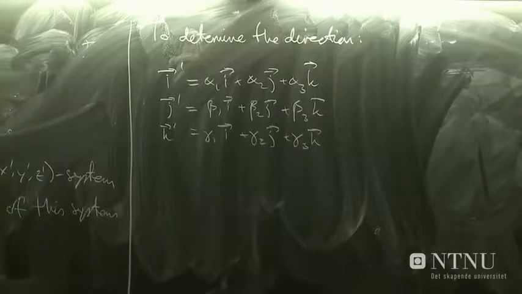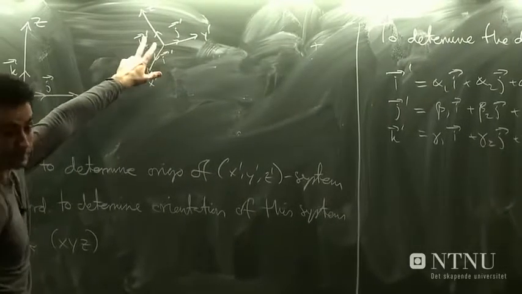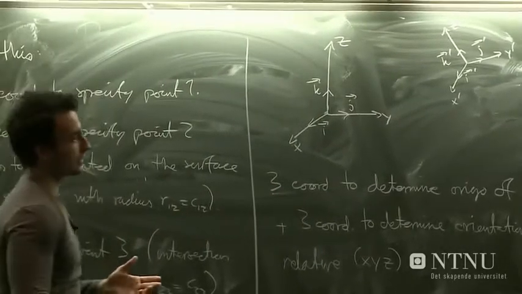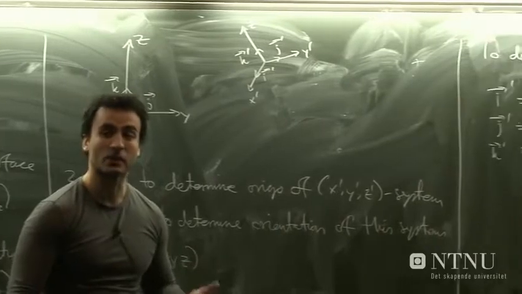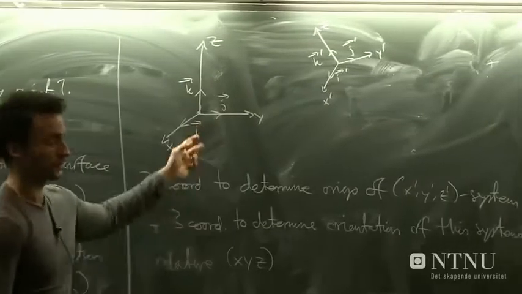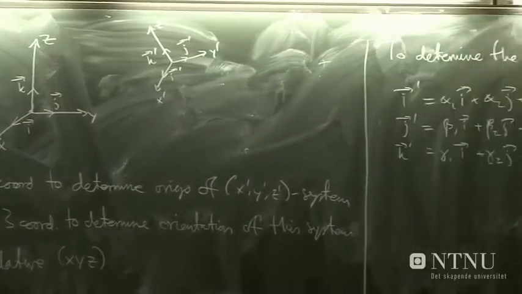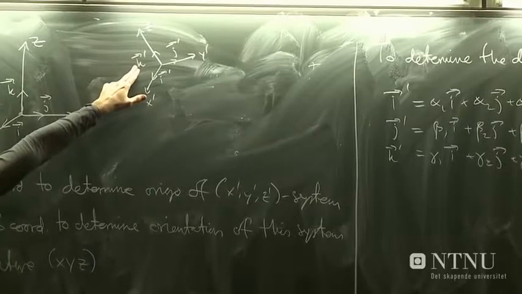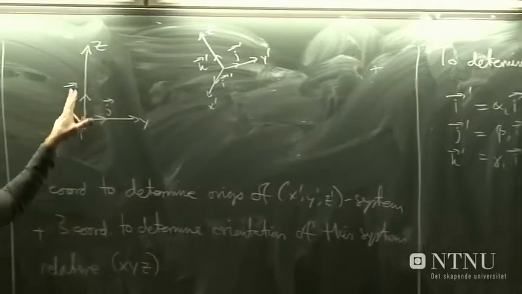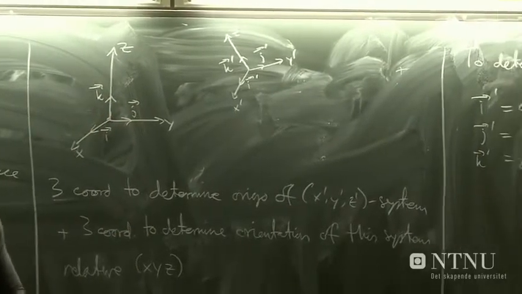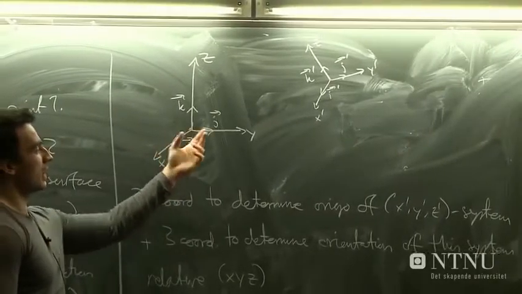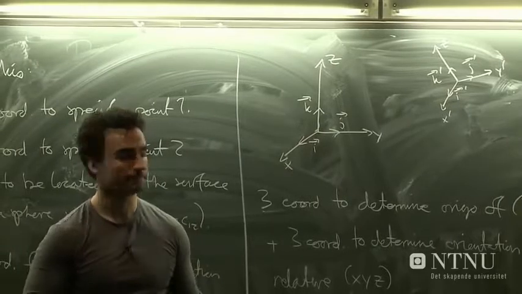We're taking these unit vectors i', j', and k' along the x', y', and z' axes, and we're saying that these should be possible to express as a linear combination of the unit vectors in this system. Any vector here we should be able to represent as some linear combination of these unit vectors, just as you can take any vector in 3D and represent it as a superposition of i, j, and k with different weights.